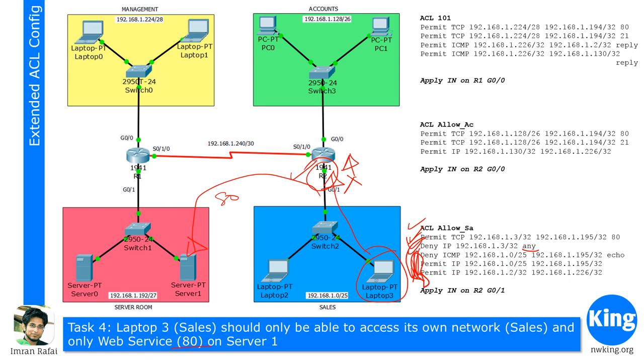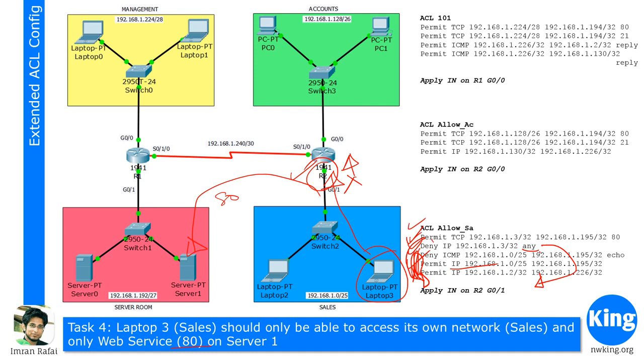That means if this deny was down here, it wouldn't have worked, because whenever laptop 3 tries to communicate out, these commands would have let it go through anyway. So the order really matters, and that is why you need to first design it on a piece of paper and then finally start typing it onto your router, right?